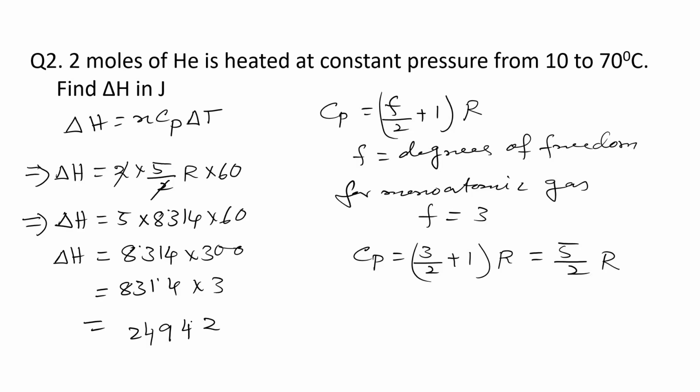So it is 2494.2 joules. This is your delta H. So delta H is equal to 2494.2 joules.